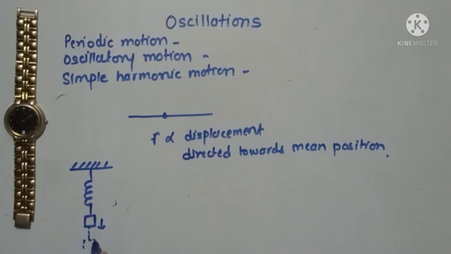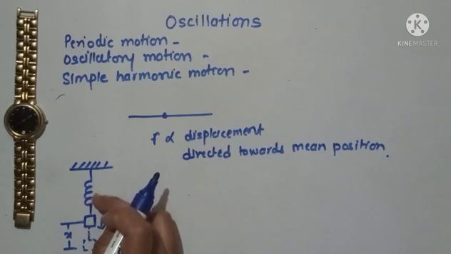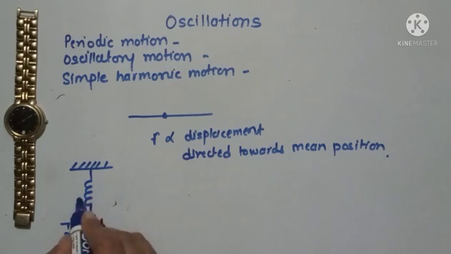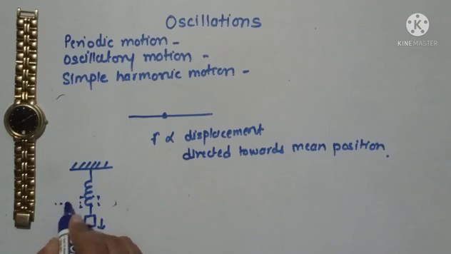Let the displacement from the mean position be x. Now when I apply some force on this spring, the spring will start to oscillate. It will move upward from this mean position also, and after some time it may reach over here also. So this displacement is also x.